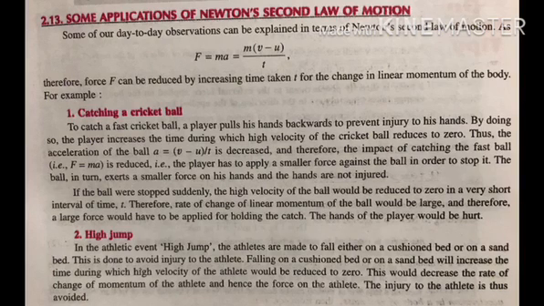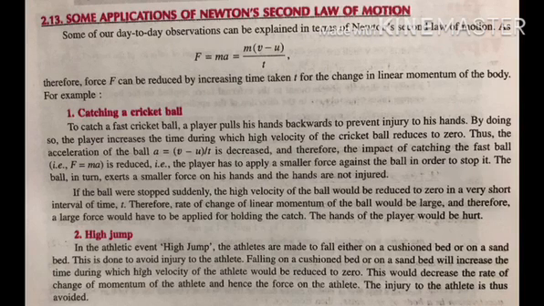Now first, catching a cricket ball. To catch a fast cricket ball, a player pulls his hand backward to prevent injury to his hand. By doing so, the player increases the time during which the high velocity of the cricket ball is reduced to zero.